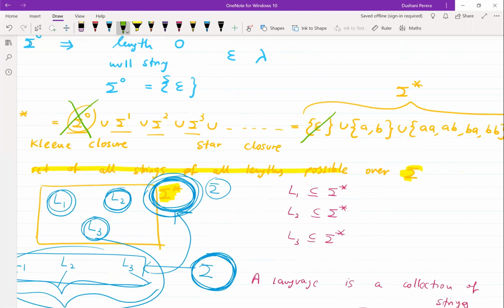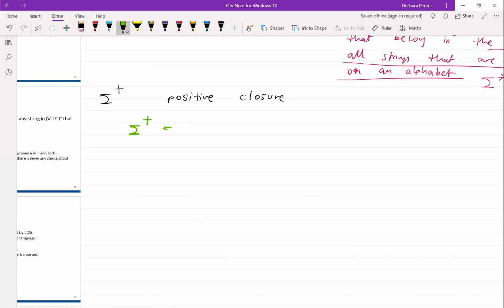So the positive closure is equal to sigma to the power of 1 union 2 union 3 and so on, without the first one we have the rest of it.